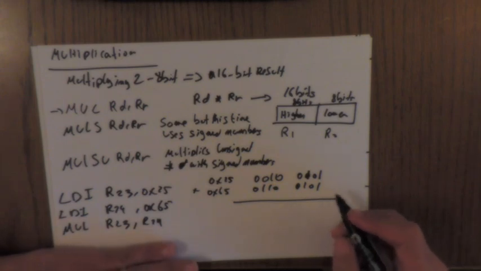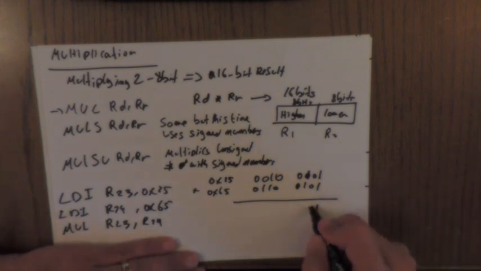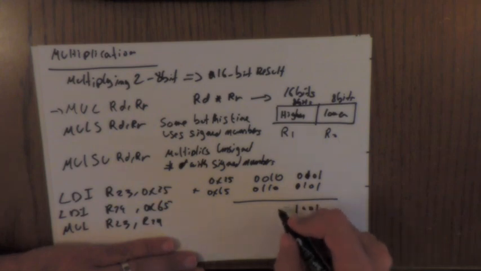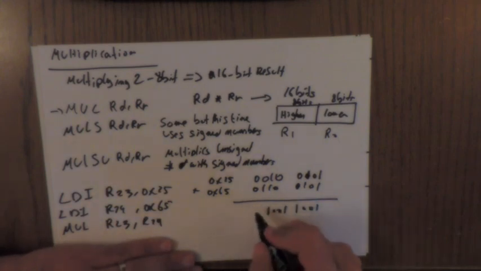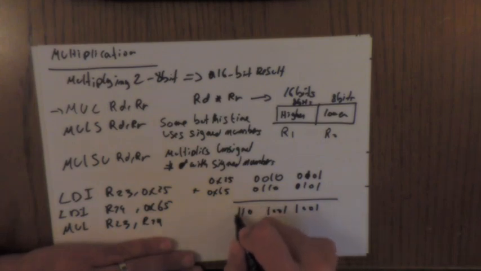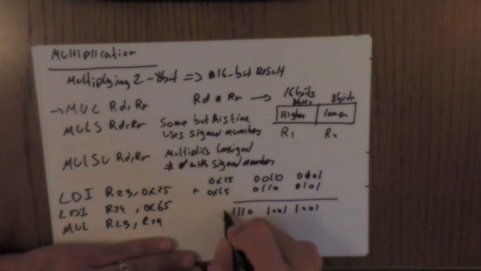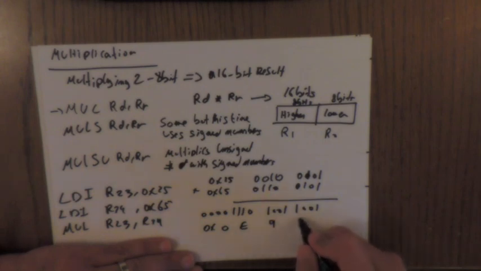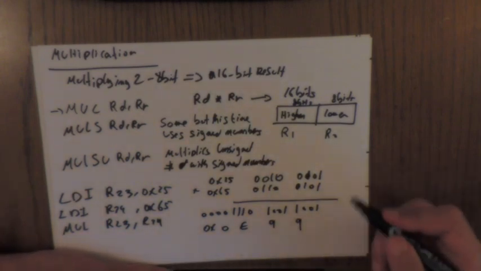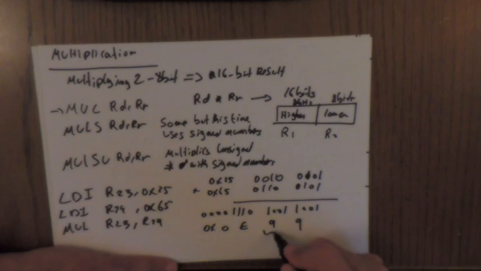So the result will be 0x0E99. After doing the multiplication, this will be found in R0 and this will be found in R1.